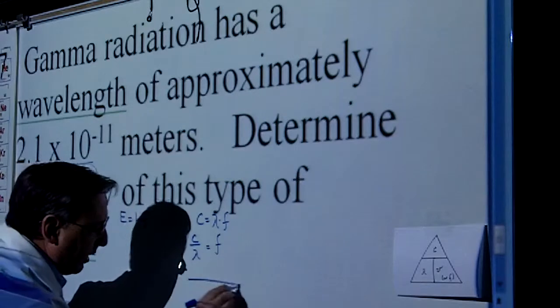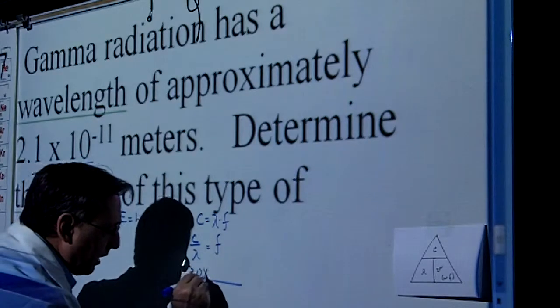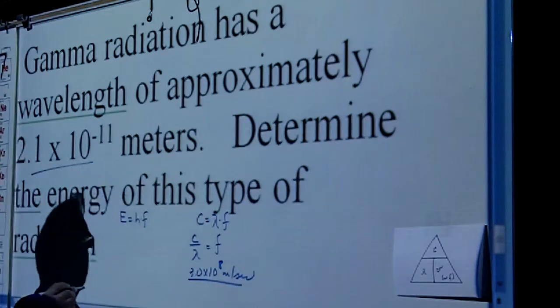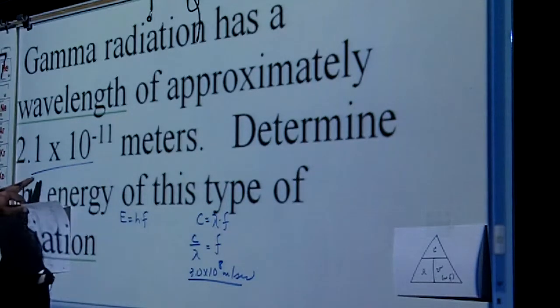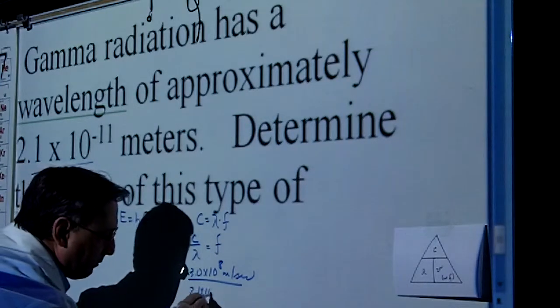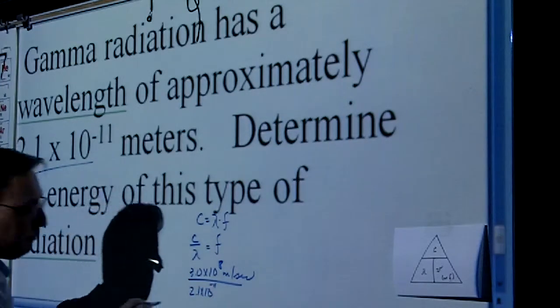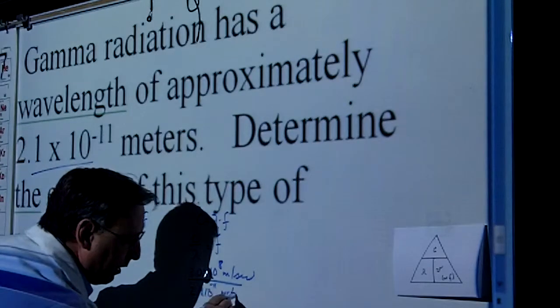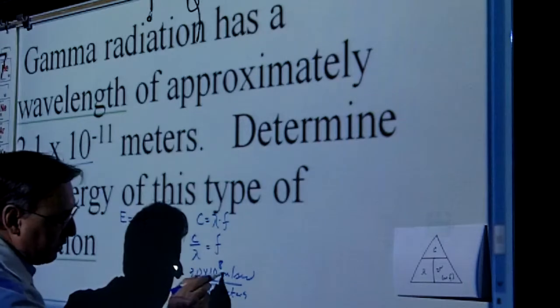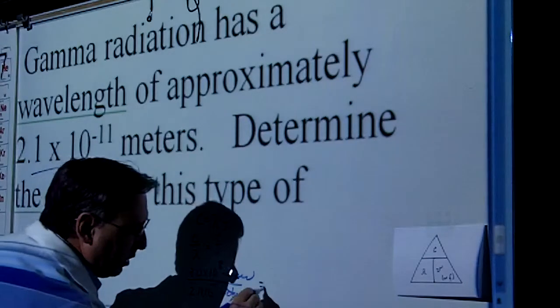So we've got 3.0 times 10 to the 8th, that's meters per second, of course, divided by the wavelength. Well, the wavelength they're telling me is 2.1 times 10 to the minus 11, and that's meters. Okay? Meters will cancel with meters, and I'm going to be left with hertz.